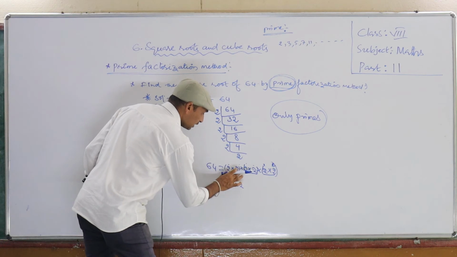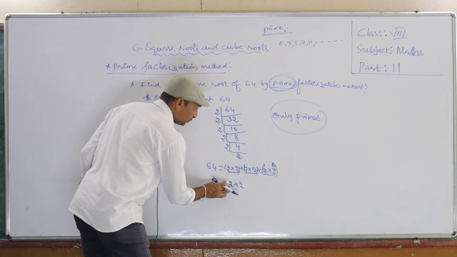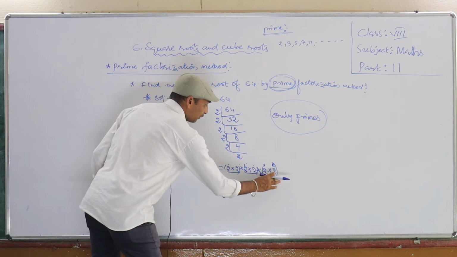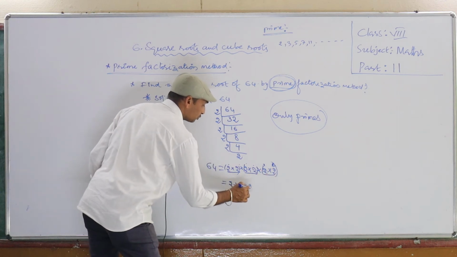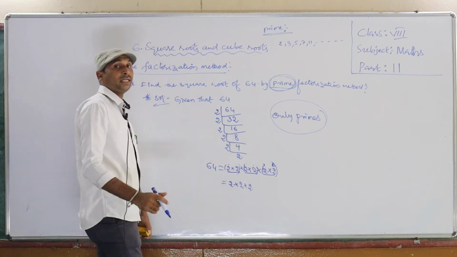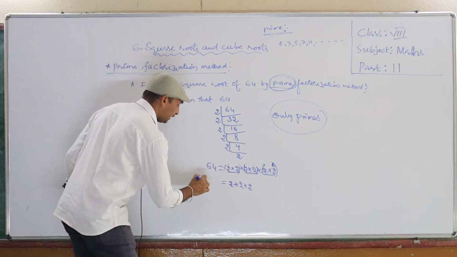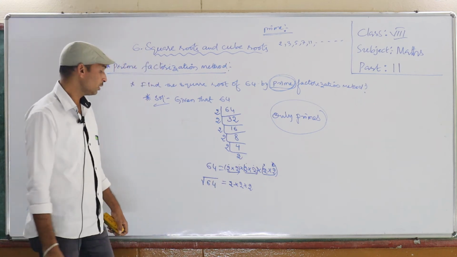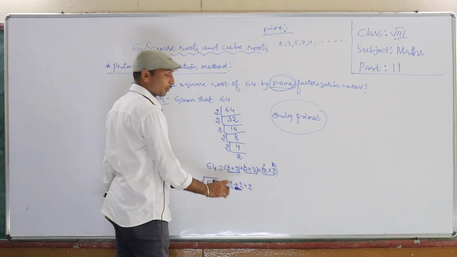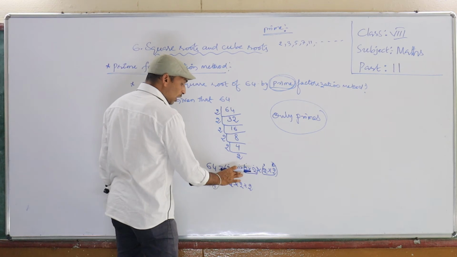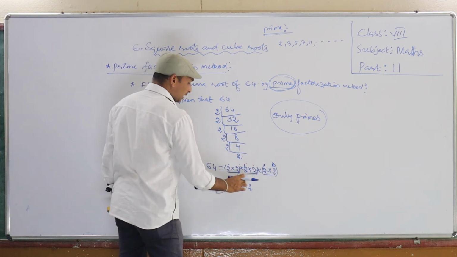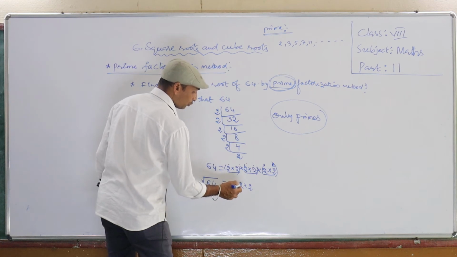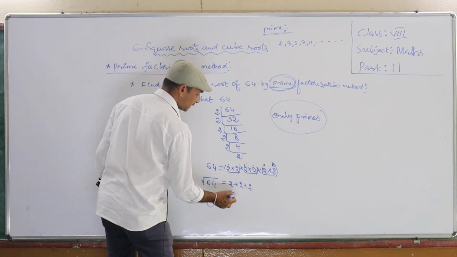For this pair I am taking one 2, for this pair one more 2, and for this pair one more 2. Why am I taking this? Because we are finding the square root of 64. After making pairs, we take one from each. So 2 2s are 4, 4 2s are 8.